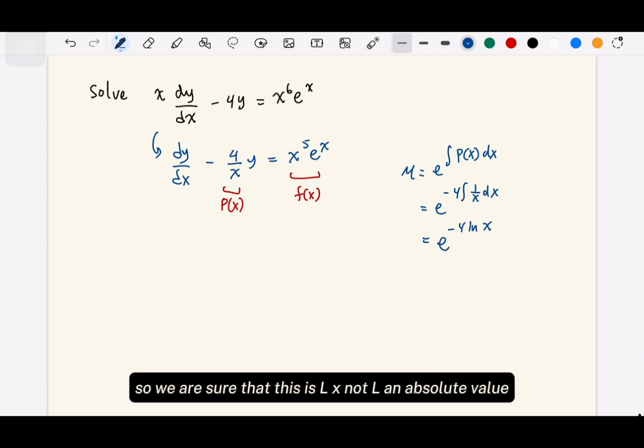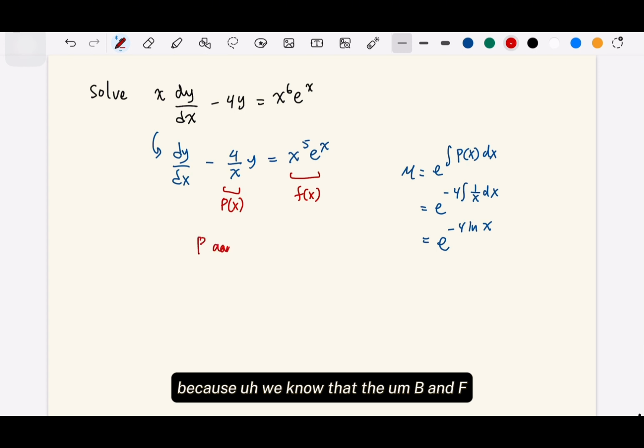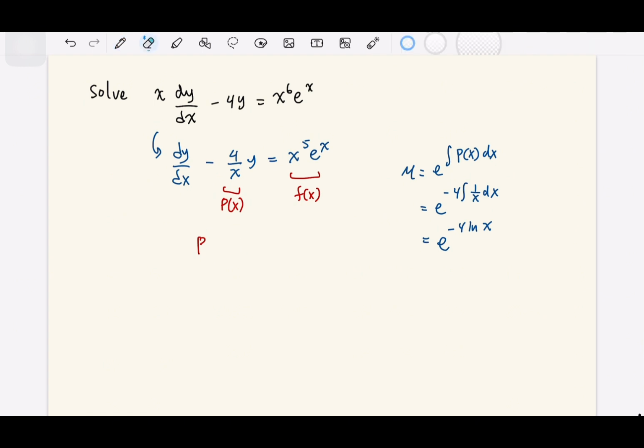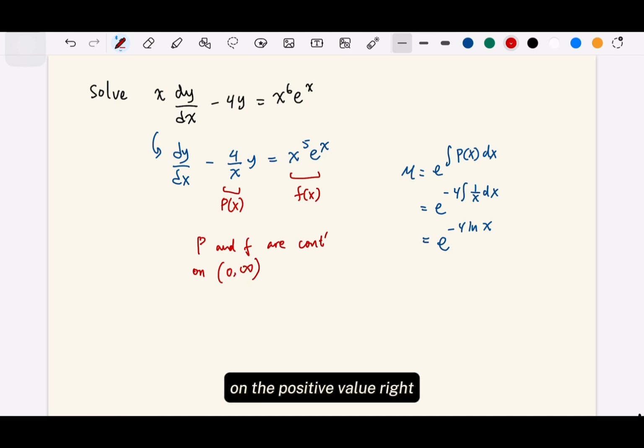So we are sure that this is ln(x), not ln absolute value, because we know that p and f are continuous on the positive values, right?